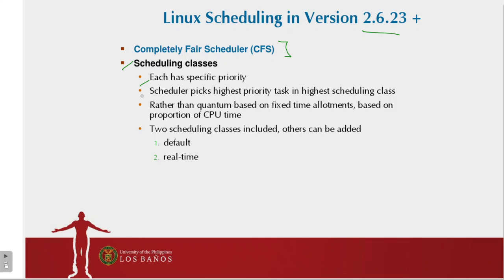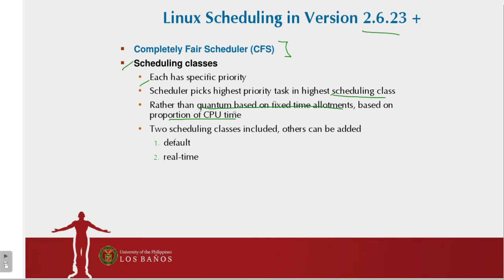The scheduler picks the highest priority task in the highest scheduling class. So rather than a quantum based on fixed time allotments, it's based on a proportion of time. The idea is to make it fair for all the processes.